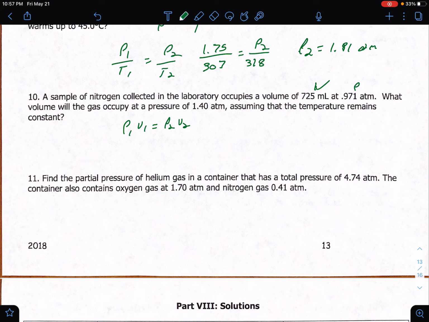Okay, so pressure 1 is 0.971. Volume 1 is 725 equals my pressure 2 is 1.40, and volume 2 I don't know, so I'm going to leave it as volume 2. Okay, so divide both sides by 1.40, and you get a volume 2 of 503 milliliters.